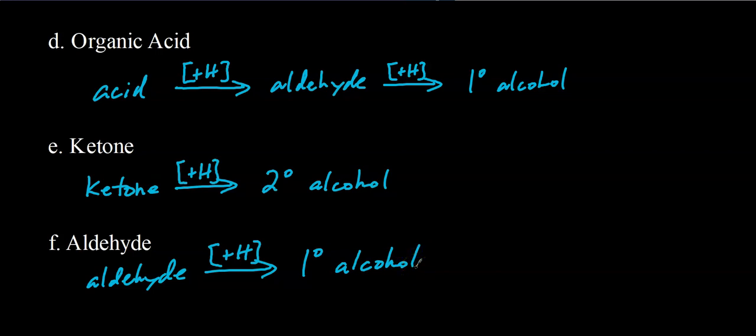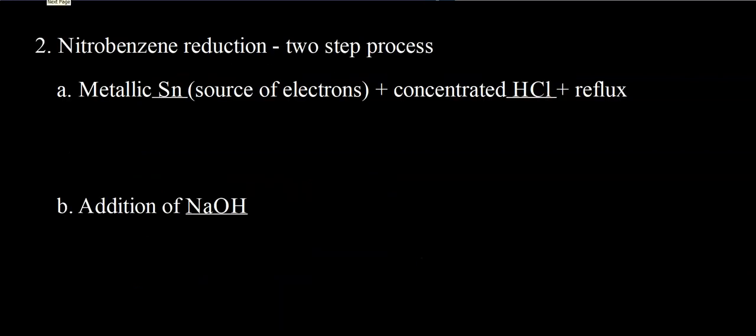Make sure you're familiar with reducing agents, either lithium aluminum hydride or sodium borohydride. So either one is going to produce the hydride ion, which acts as our reducing agent. All right, here's another one you need to know. It involves the reduction of nitrobenzene.